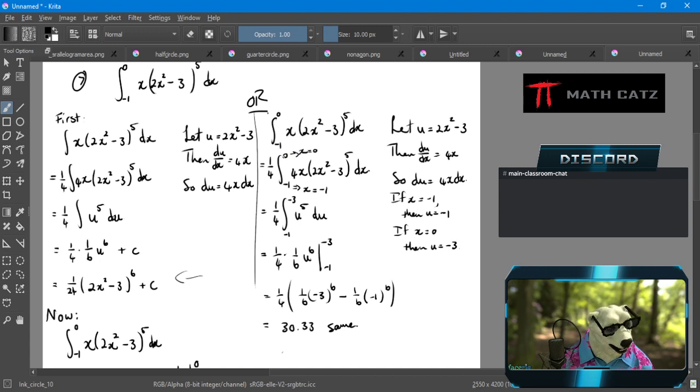And if I'm doing a substitution, that's only going to be successful if all x-related things are converted to u-related things for my new variable. That includes these boundary values. So I have to change them as well.